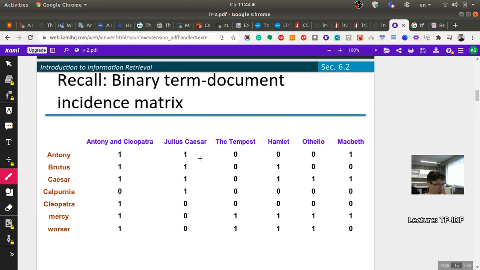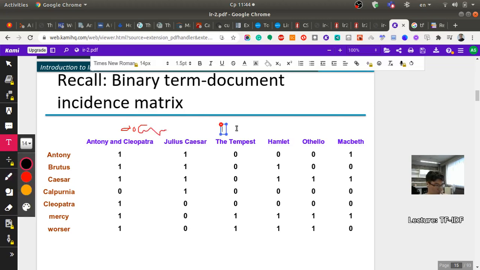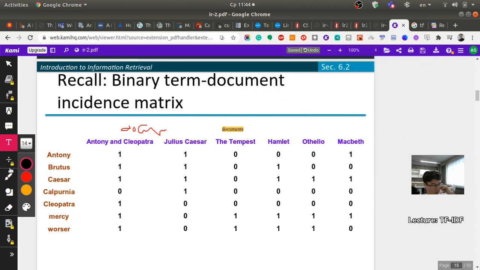So let me explain. This is the classic document. These are documents, some of Shakespeare's writings, and these are people's names or terms that are used in them.